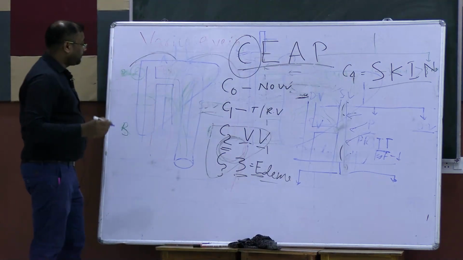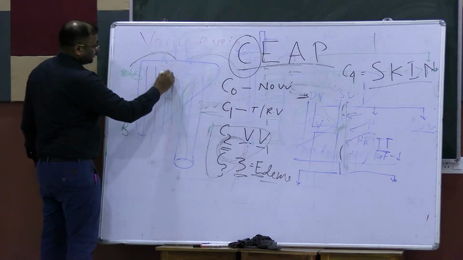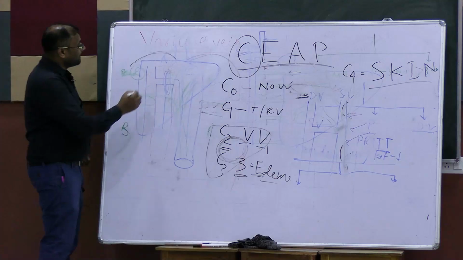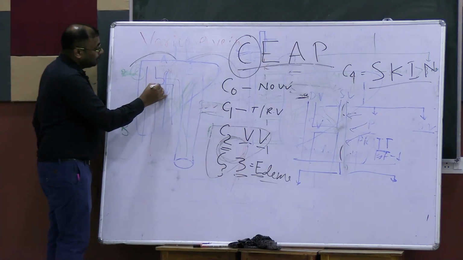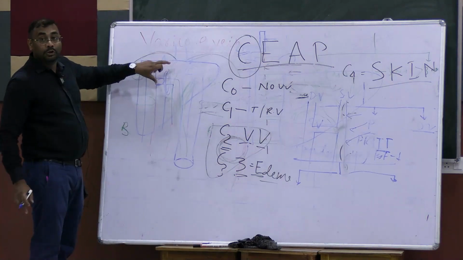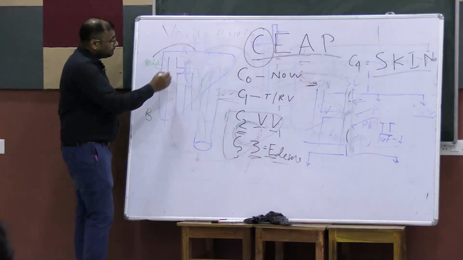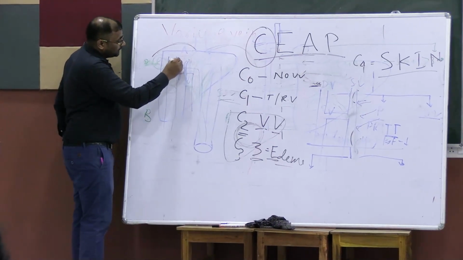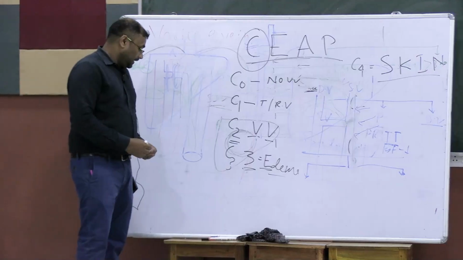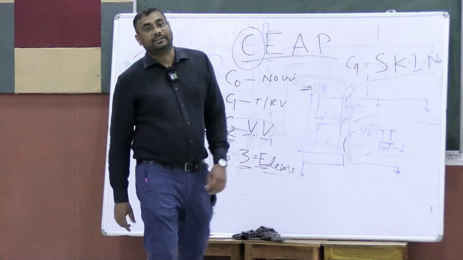Suppose we have ligated the vein here, so this part remains. There will be swelling post-op. So we have to ligate flush from this part. That's why it is called flush. There should be no redundant vein.